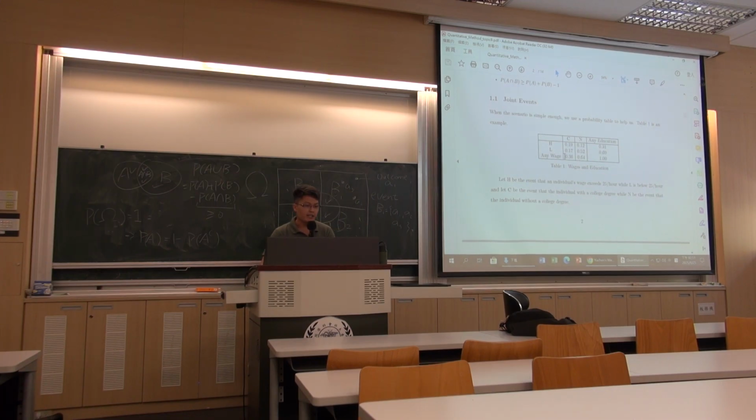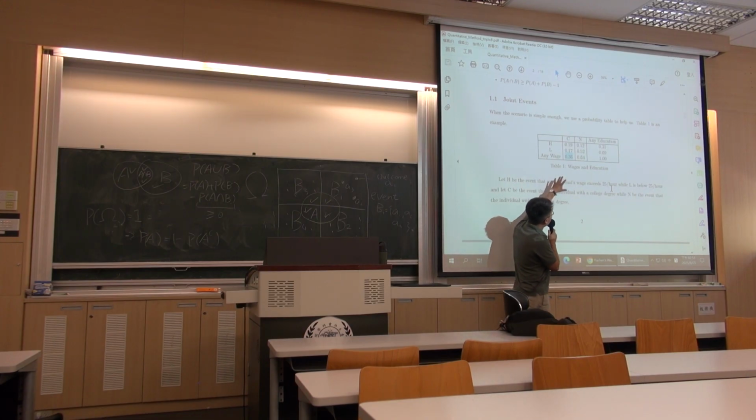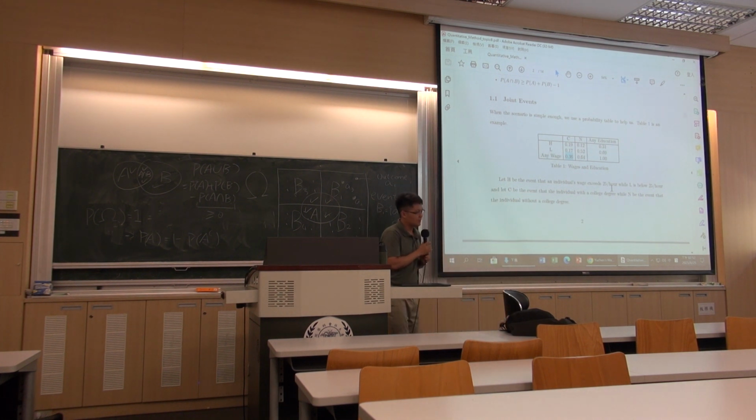And we can also add up. For example, here, 0.36. What does that mean? That means if I only care about the degree that person has, then I will immediately know that there is a 36% chance that that person would have a college degree, no matter what kind of wage he earns.